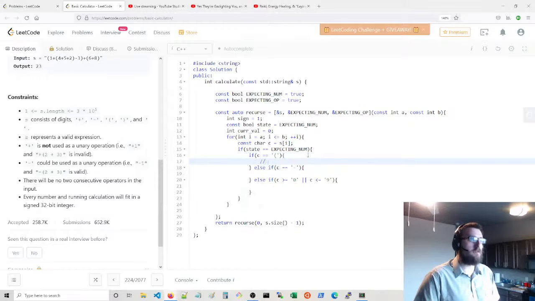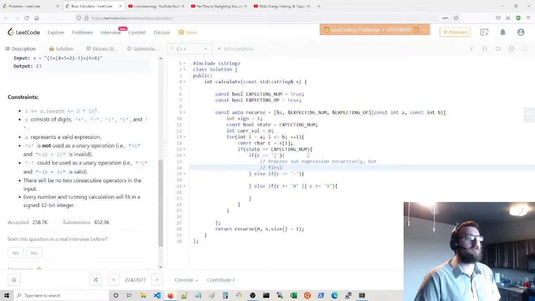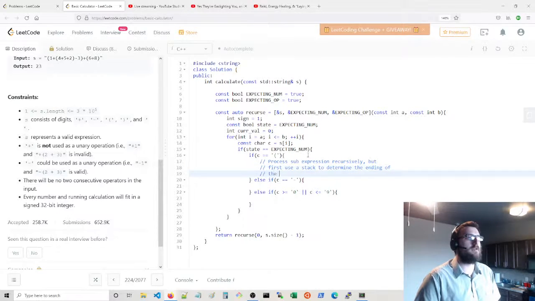So here we process the sub-expression recursively. First, use a stack to determine the ending of the sub-expression.